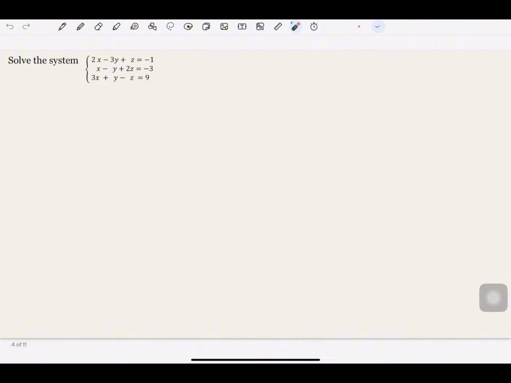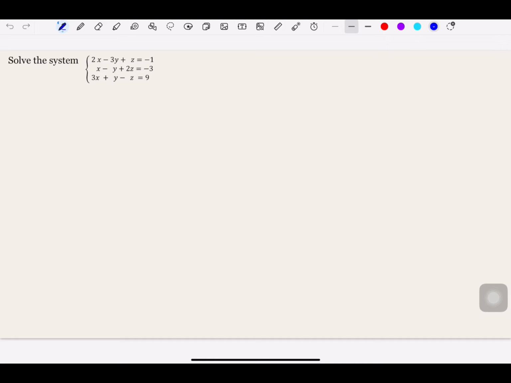Let's use matrix row operations to solve this system of equations. Again, we have three equations with three variables. We begin by writing the augmented matrix for this system.